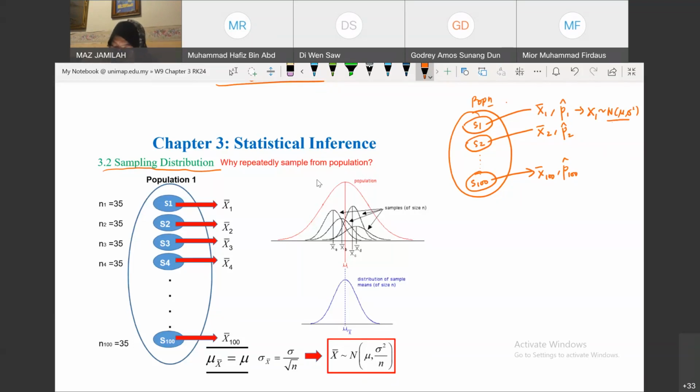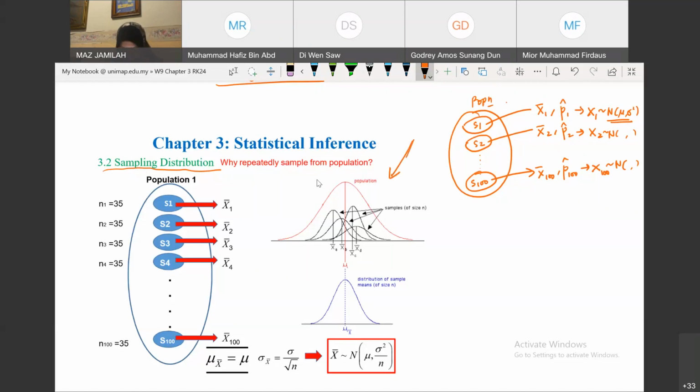The same applies to the second sample, until X100, all of them being normal. Those samples that you have taken, you can imagine as following this arrow.